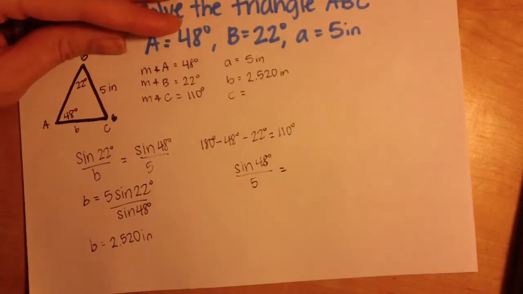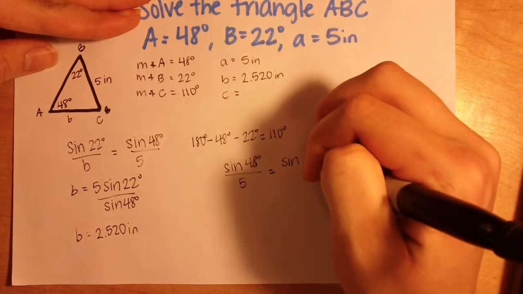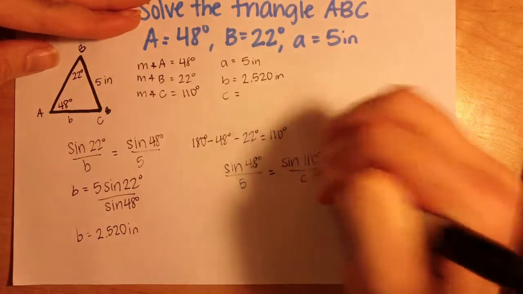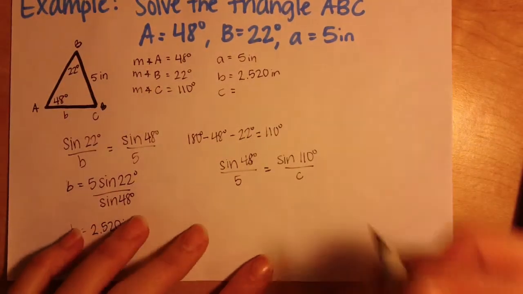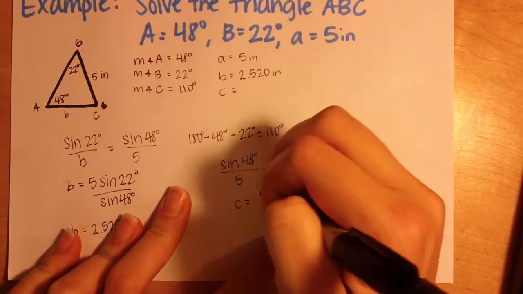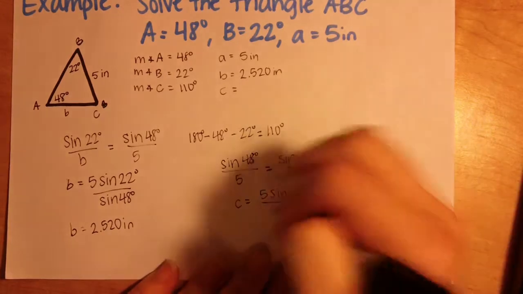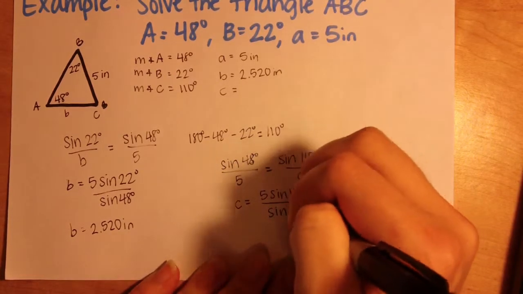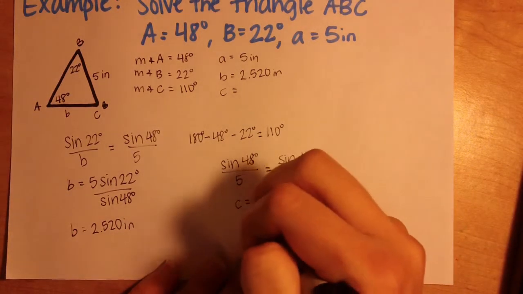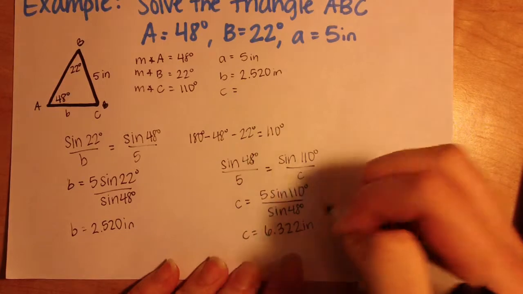And we want to find side c, so we'll do the sine of angle C, which we found to be 110 degrees, all over side c. And then we'll have c equals 5 sine of 110 degrees all over the sine of 48 degrees. We can put that in our calculator and we'll get c equals 6.322 inches.